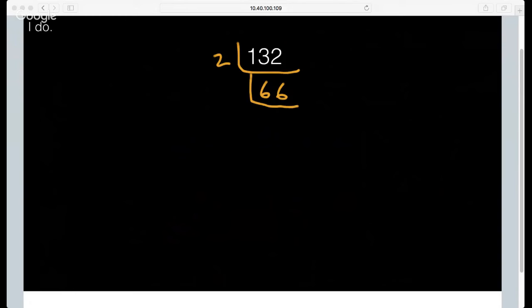And I know I can take out 2 from here, and that'll leave me with 33. Any prime factors I can take out, I can take out a 3, and that'll leave me with 11. And can I take out any prime factors from 11? Well, actually, 11 is a prime number, so we're going to leave it like that. We can't take out any more factors, so we only have prime numbers.